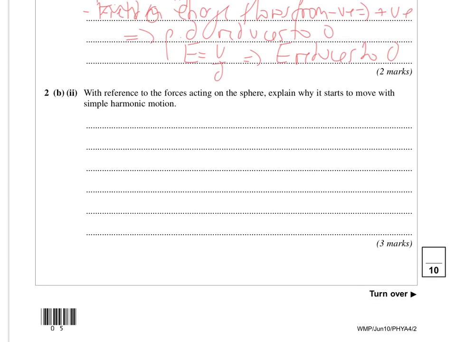Okay, with reference to the forces acting on the sphere, explain why it starts to move with simple harmonic motion. The key thing here is initially the weight force acts to extend the spring.